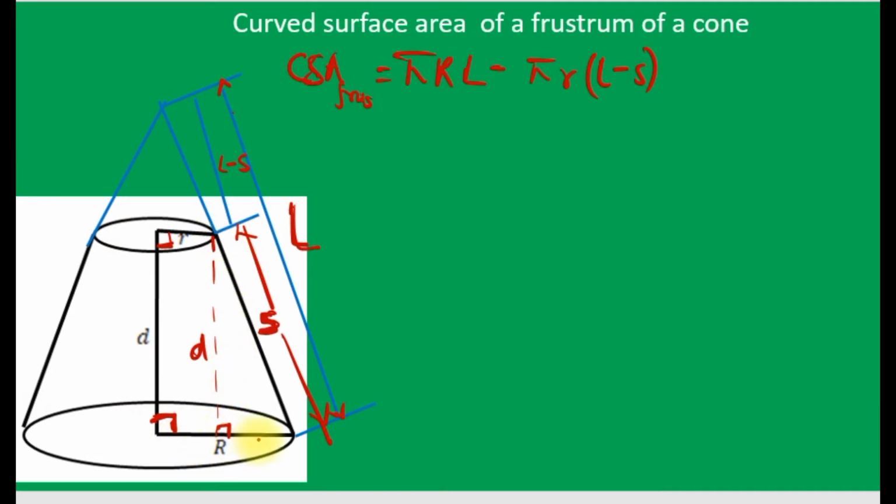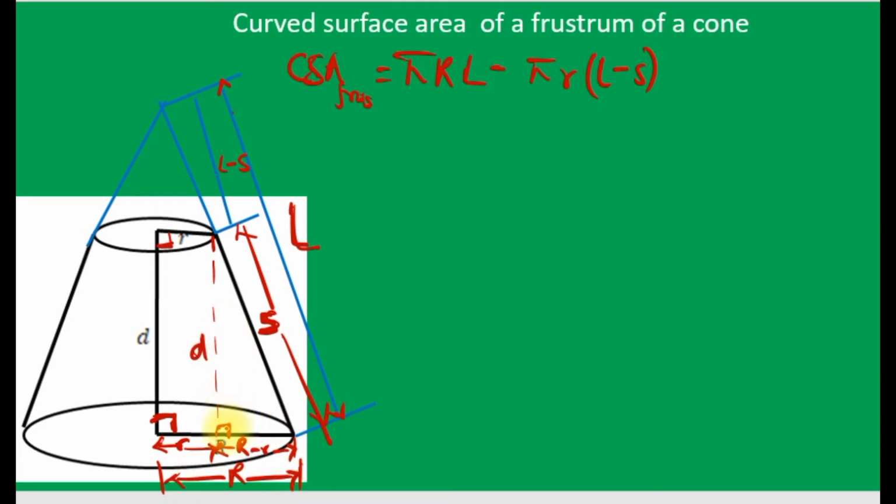You see that since the total is big R, from here to here is small r, from here to here is now big R minus small r. That's by observation, because the total is big R.